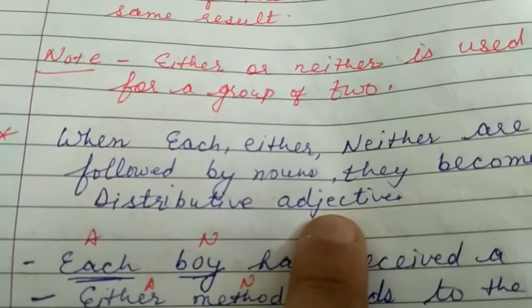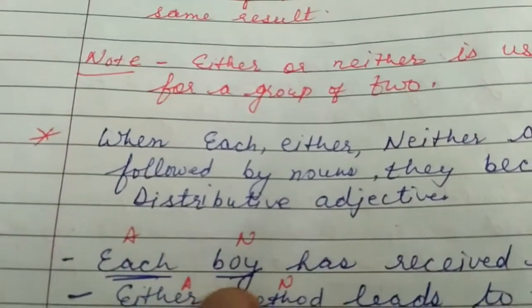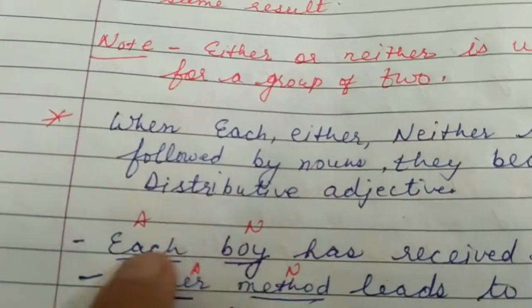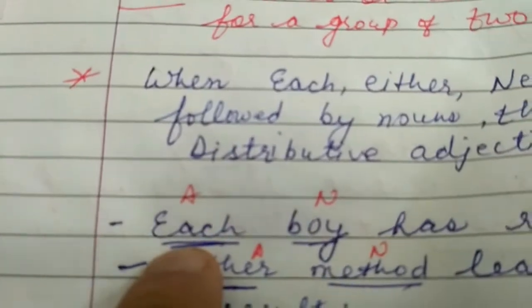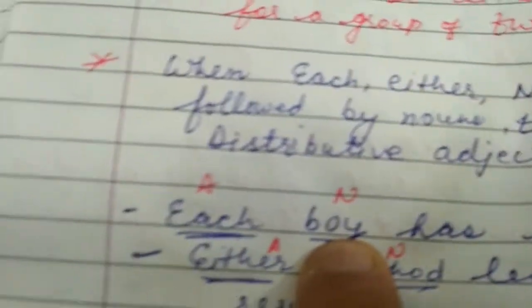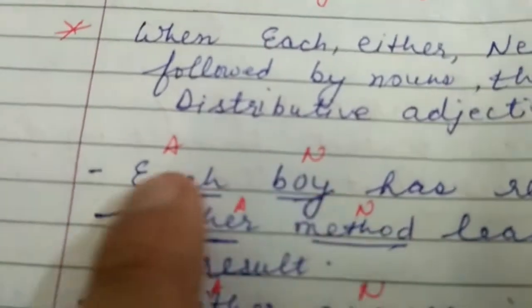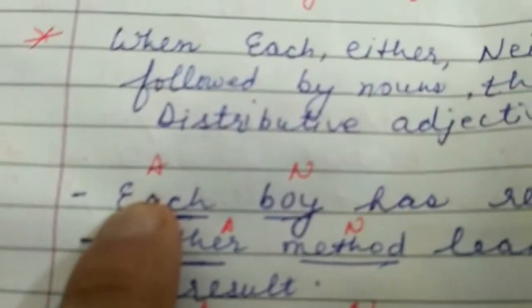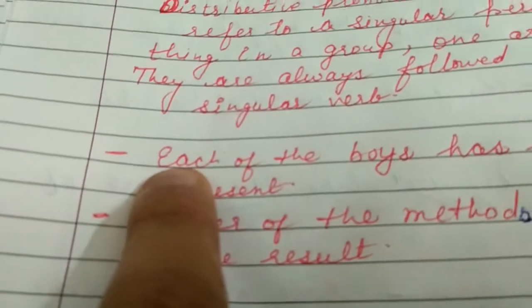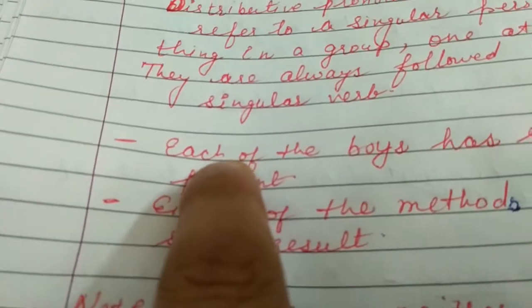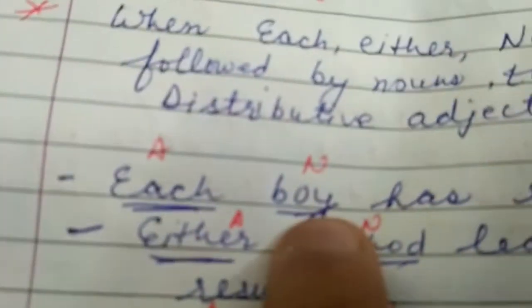The definition of an adjective is that a word which describes a noun is known as an adjective. Here each is referring to this boy. Here boy is a noun and each is a distributive adjective. See here, each of the boys: after each there is no particular noun, but here we have a noun.